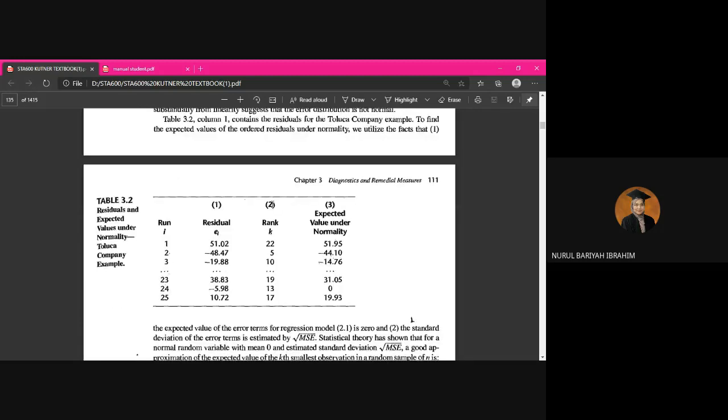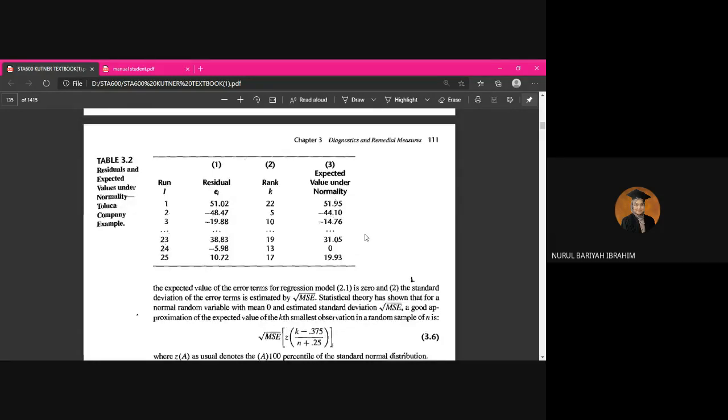So we need to have the residual value, which is you know how to find the residual value yi minus yi hat untuk dapatlah residual for each observation, and then we need the value of the expected value under the normality.